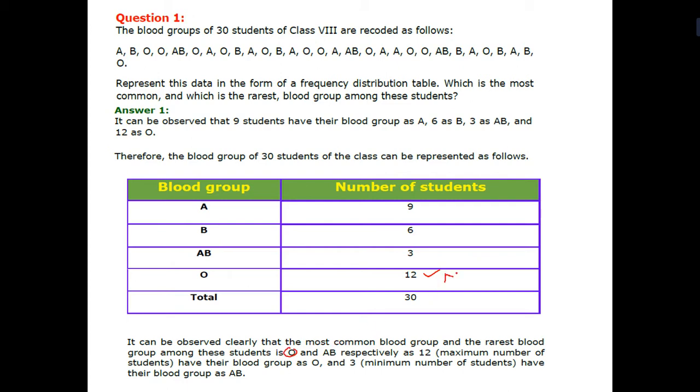So most common and rare, that is rare or minimum. So two things we can clear. So that is question number 1 cleared.